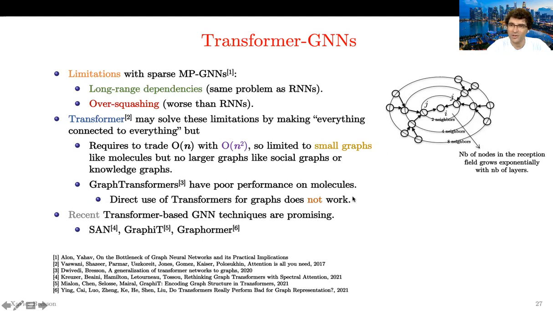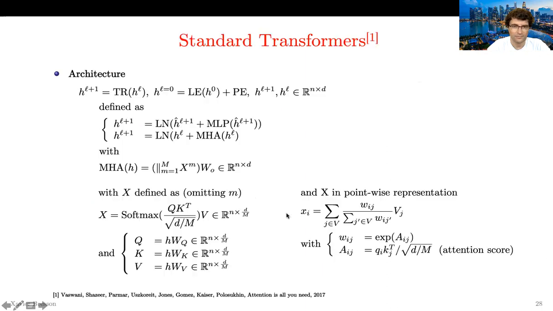So more is needed to make this work, and that was presented recently in some papers on transformer-based GNNs, which are quite promising, with SAN, Graphormer, and GraphTrans. So here is the standard transformer architecture. This is the next layer, the previous layer.